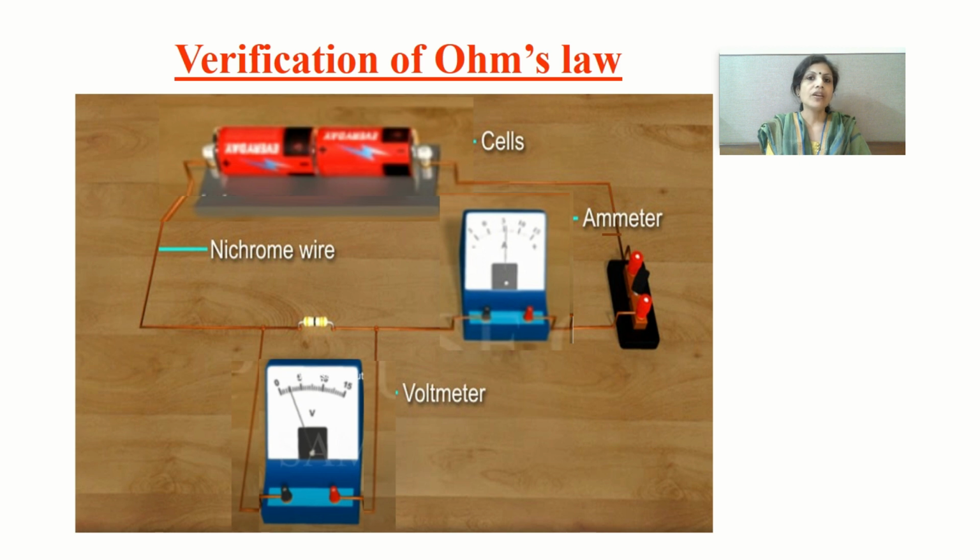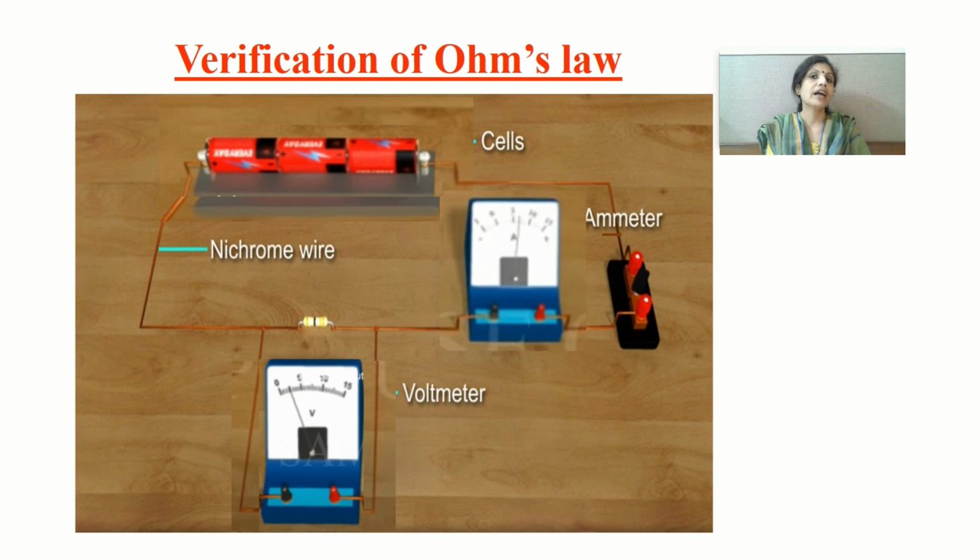Let's connect 3 cells now. What we are doing is increasing the potential difference and looking at the value of current in the circuit. So we have observed that when there is one cell, the current is some value. When you increase the potential difference by connecting two cells, the current increases. Let's connect 3 cells now. When you connect 3 cells, look at the reading of the ammeter.